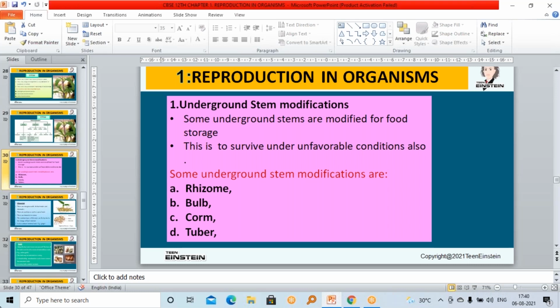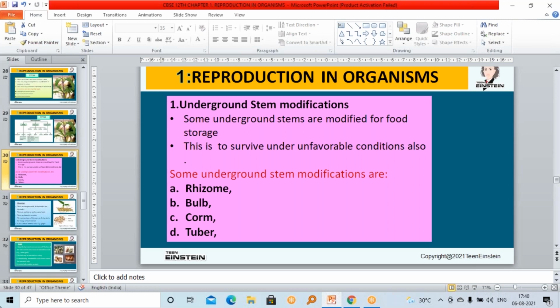They will have nodes and internodes. Normally shoots have nodes and internodes, right? So they have nodes and internodes, and the presence of scale leaves. Then buds will be present, and adventitious roots will be present.